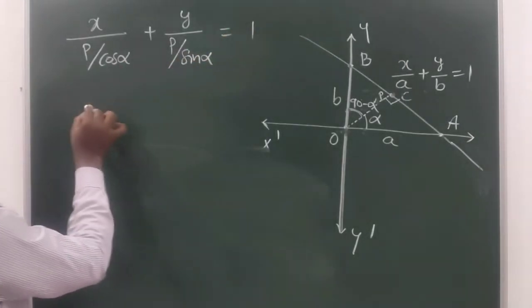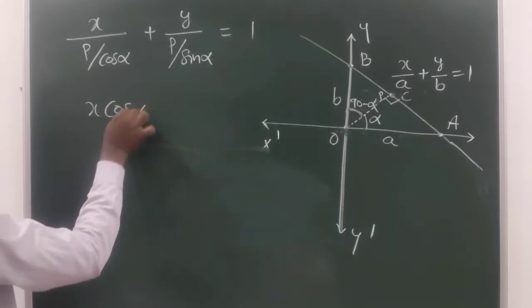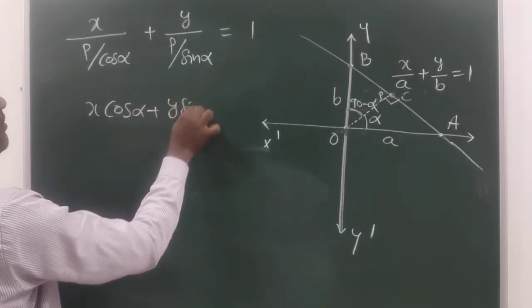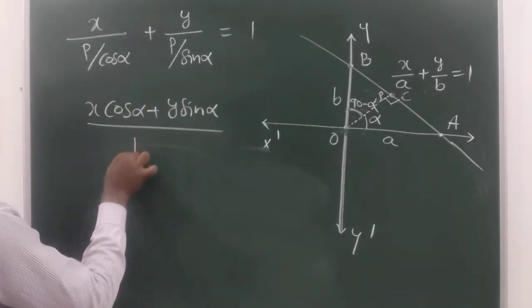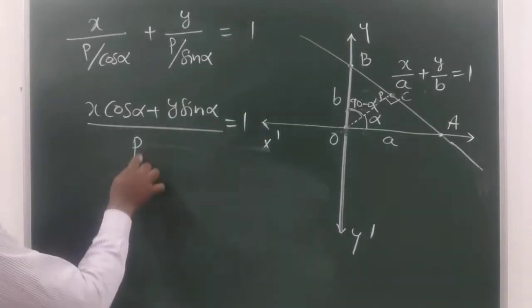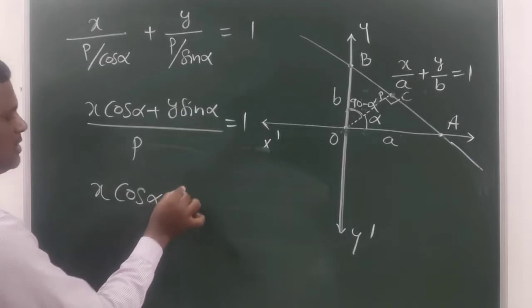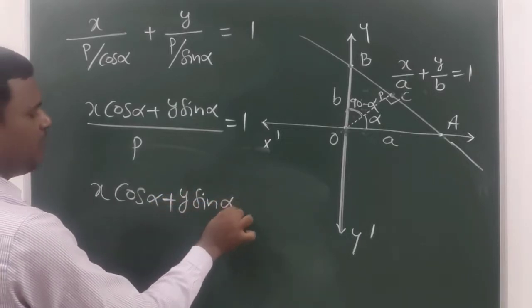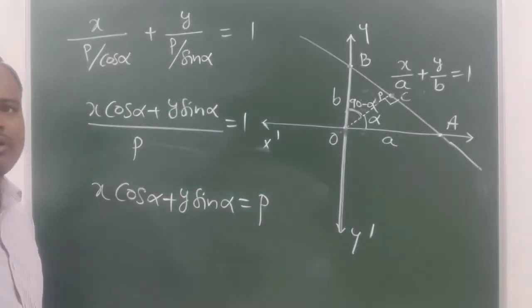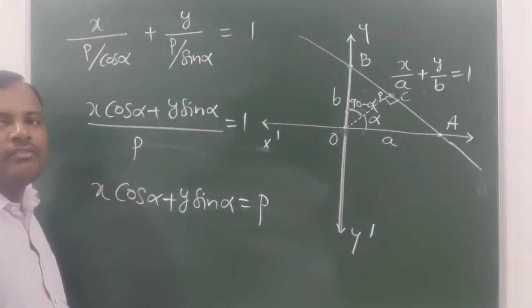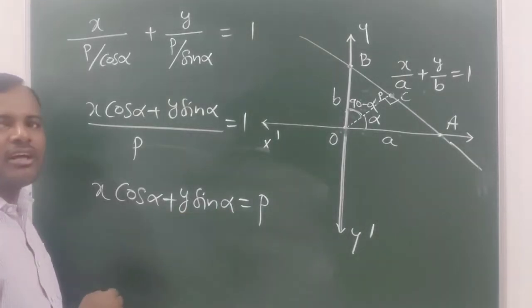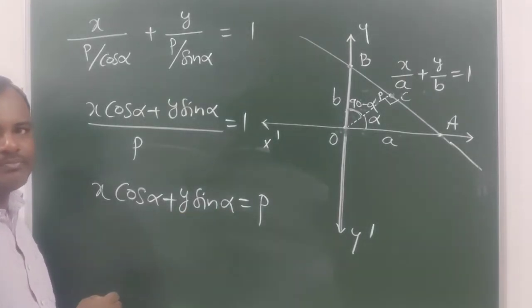Now simplify: x cos alpha plus y sin alpha, whole by p, is equal to 1. Transferring p to the right side, we get x cos alpha plus y sin alpha equal to p. Here we have got our required normal form of the straight line.